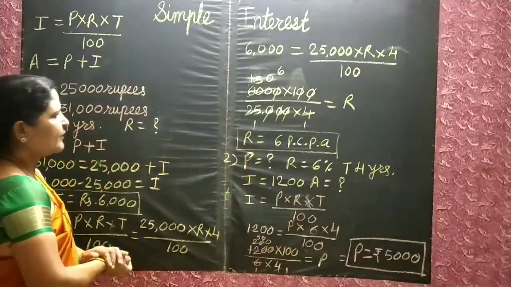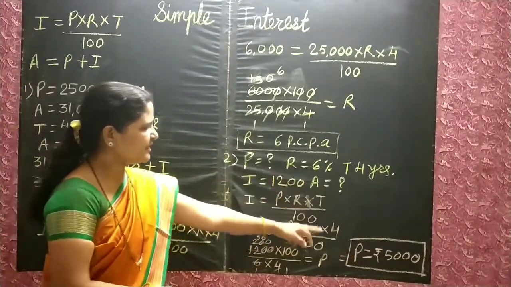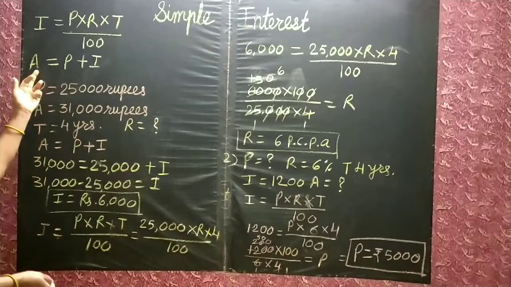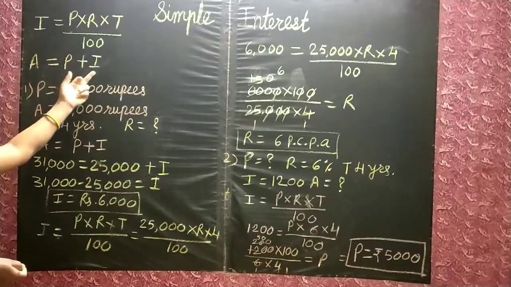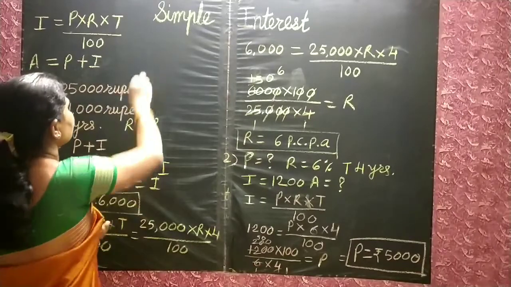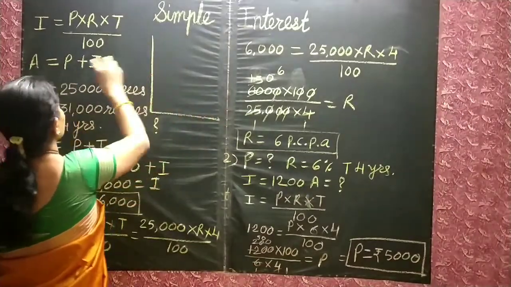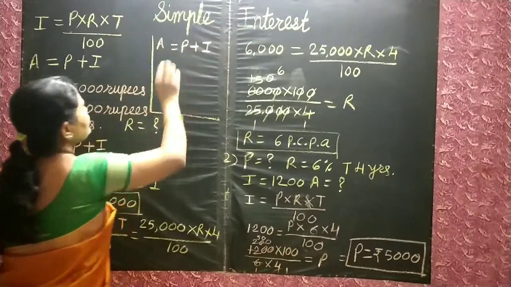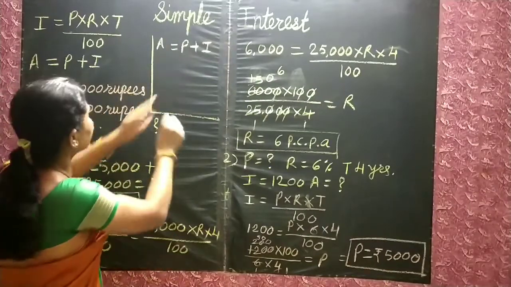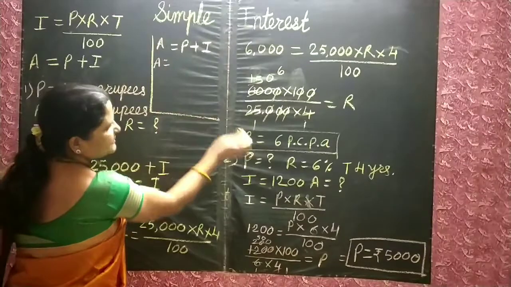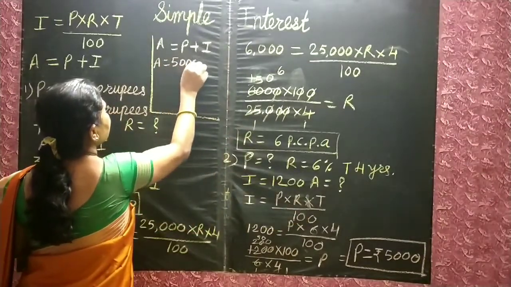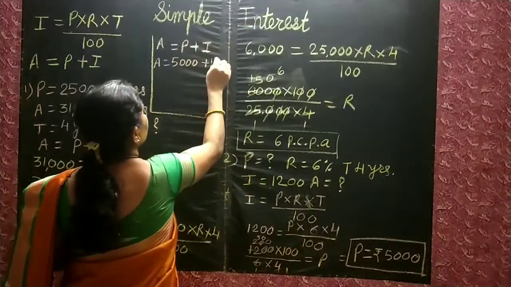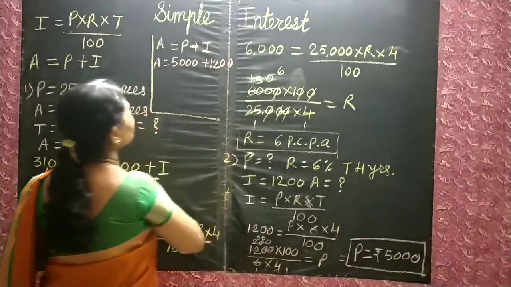Now one more thing we have to find, which is the amount. Just now we came to know the principal, so now we are going to find the amount. We know the formula of amount: amount is equal to principal plus interest. Principal is 5000 rupees plus interest, 1200.